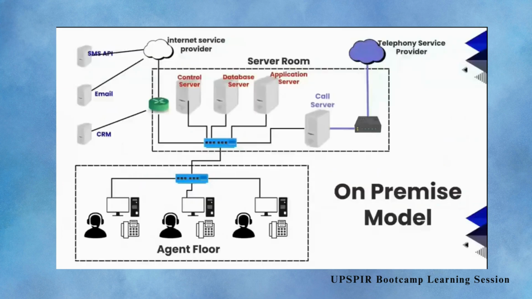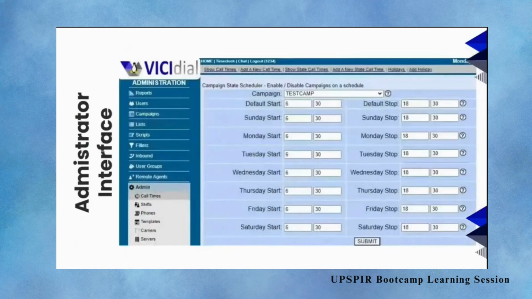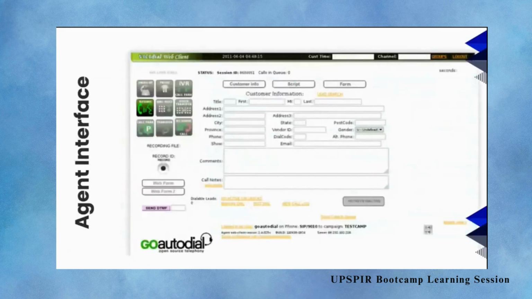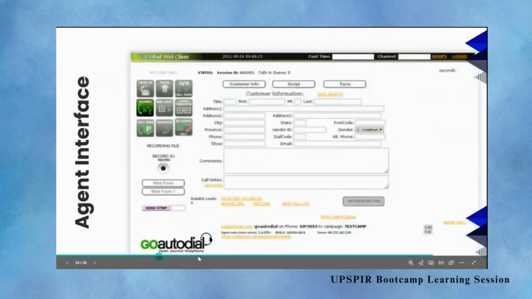Now we will discuss some of the interfaces that these contact centers provide. Today we have hundreds of contact center service providers, and each will have a different interface. So I am just representing a VICIdial contact center solution, and this is your VICIdial GoAutoDial.